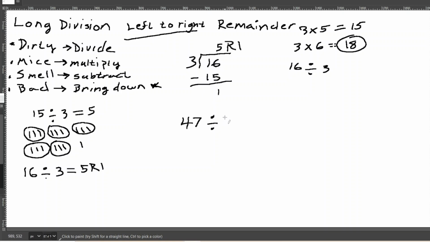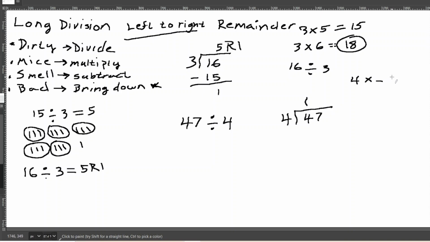And let's go ahead and divide that by 4. So what that looks like is 4 goes outside the box, 47 goes inside the box. So now we start left to right. 4, oh, we could divide 4 by 4, right? It only fits in once. So if I've lost you, don't get too confused.